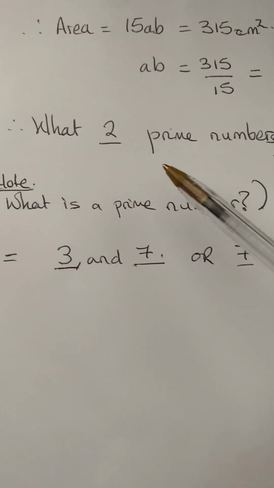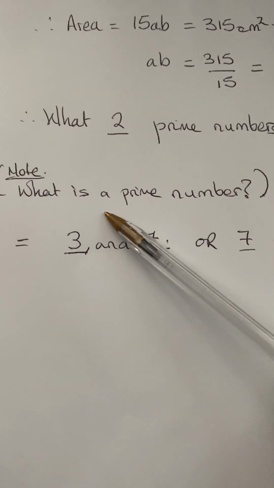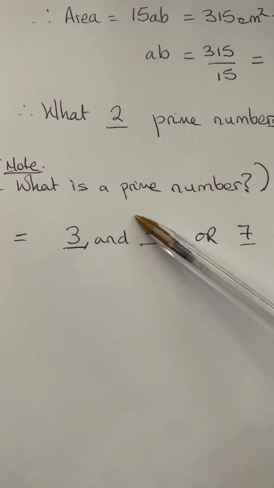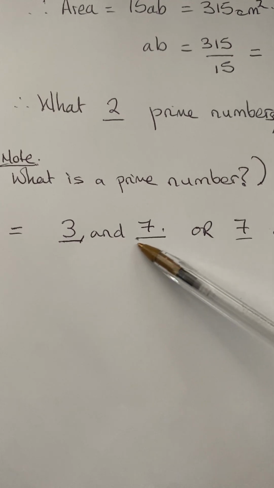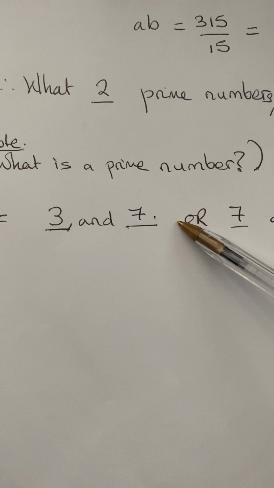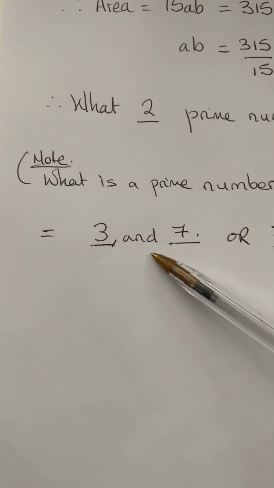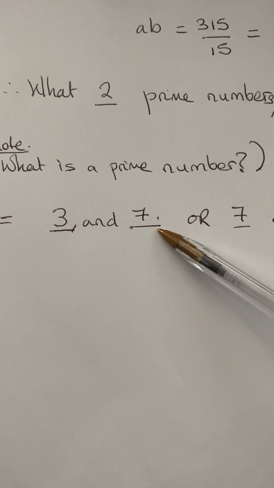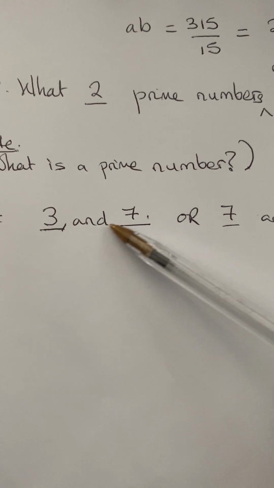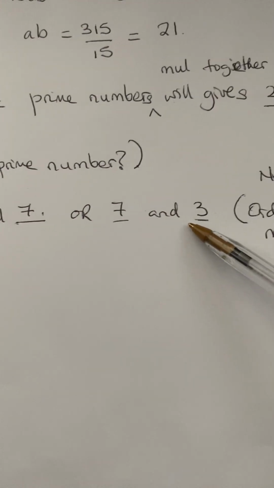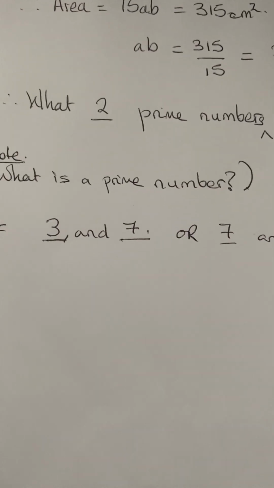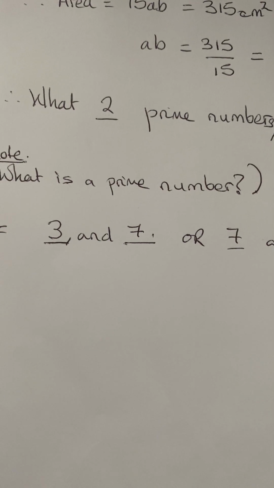So the two numbers I can think of for 21 are 3 and 7. So a and b is 3 and 7, or 7 and 3. You can put it in any order.